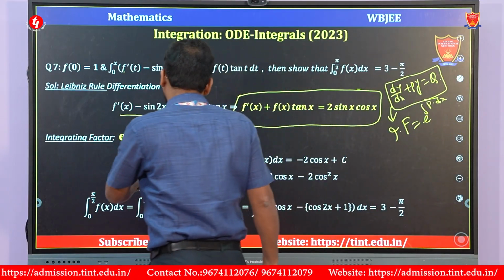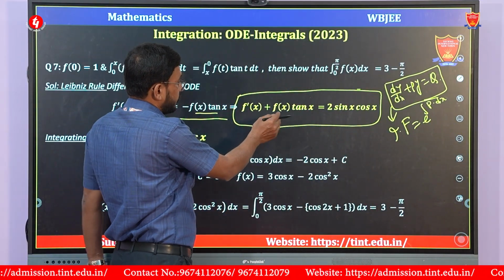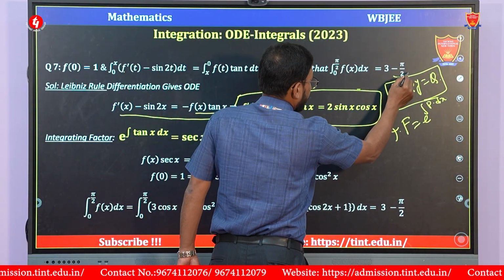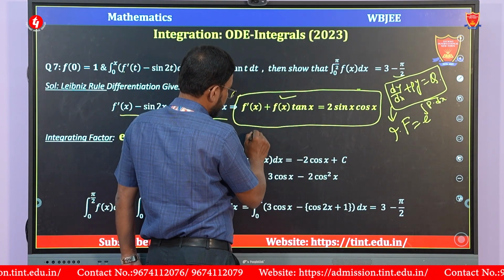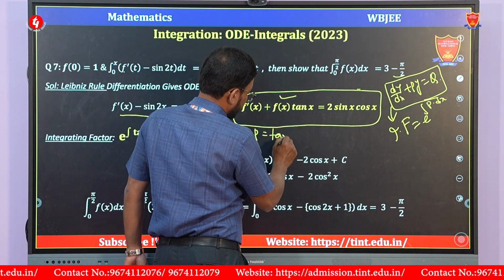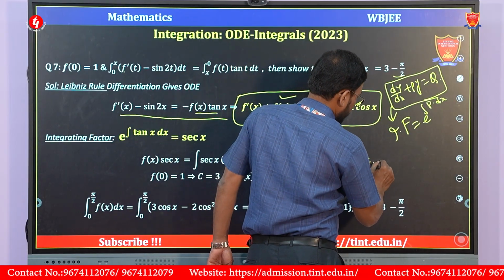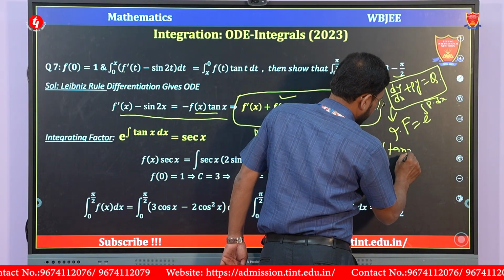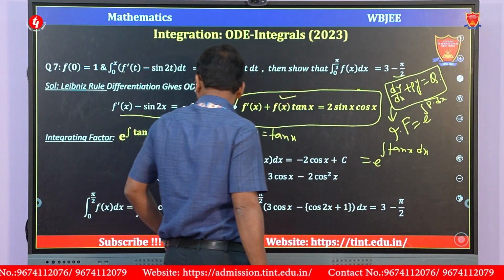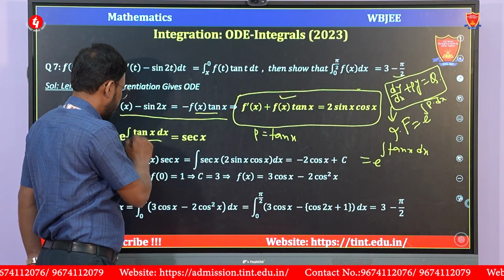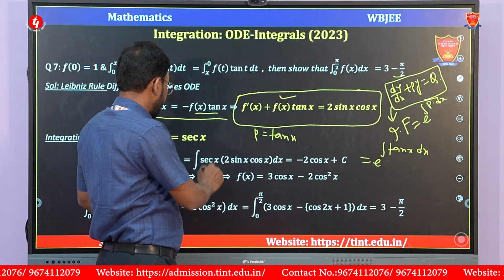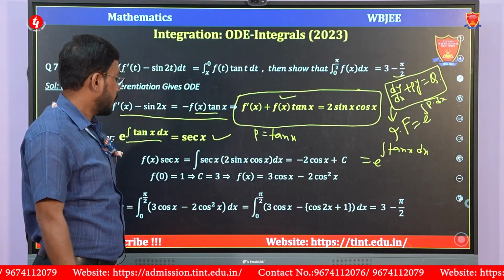If you compare this one and this one, what is your p? P means tan x. So what is the integrating factor? This is e to the power integral of tan x dx. Just write that down. So the integration gives sec x, right.